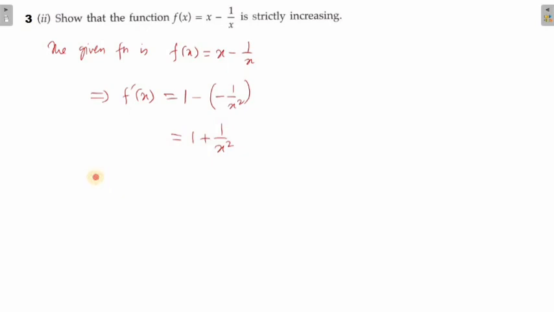So from here what you can conclude is f dash of x is strictly greater than 0, right? So therefore f is strictly increasing in this case. Okay, I hope you're clear with the concept and the work, right? So let's move to the next question.